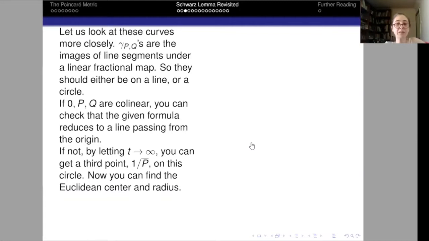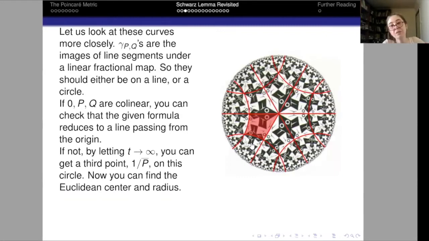Now if you do that, you get the so-called geodesics of this geometry. If you see the equatorial, the lines passing through the origin are straight lines in the Euclidean sense as well. The shortest paths not passing through the origin are actually a part of Euclidean circles.